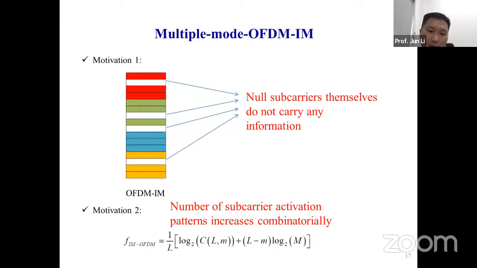So can we use all of the subcarriers to transmit more modulated symbols, and also with the index of all subcarriers? This is the multiple-mode OFDM-IM, and the index space is not based on the selection of subcarriers. The index space comes from the constellation pattern of all subcarriers.